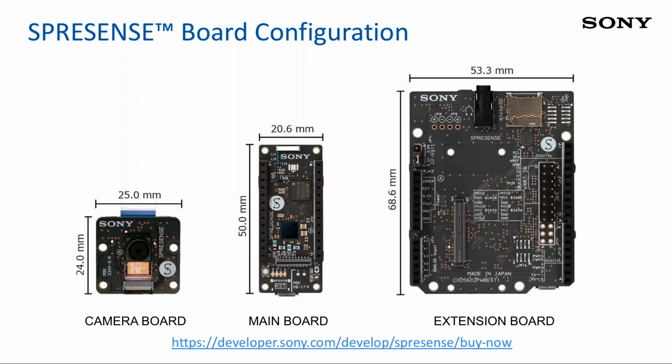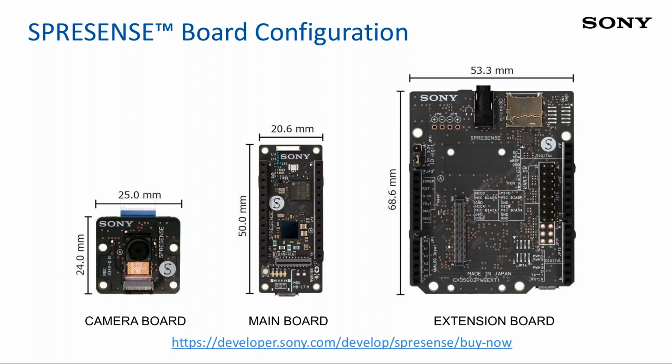To just give you some idea of how it physically looks like, the Spresense kit has three components right now. The middle one is the main board, and then we have the camera board and the extension board. The main board by itself can perform, and the extension board and camera board are just complementary to make designing and developing applications easier.